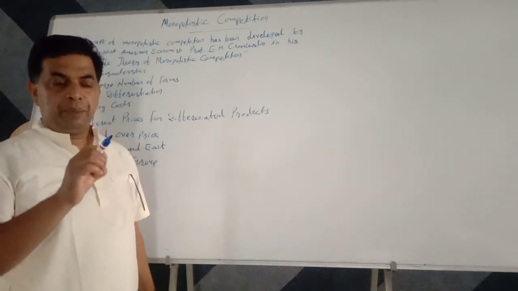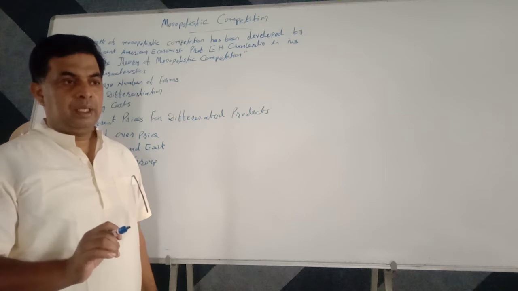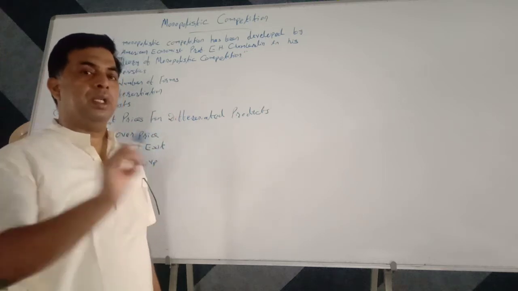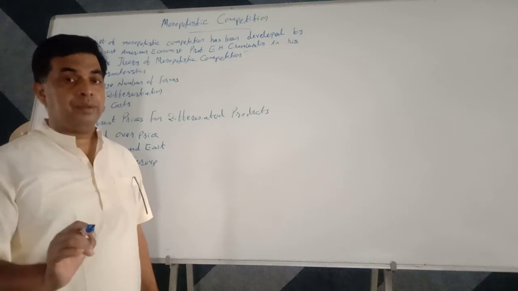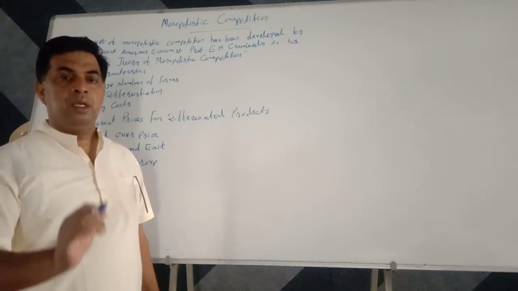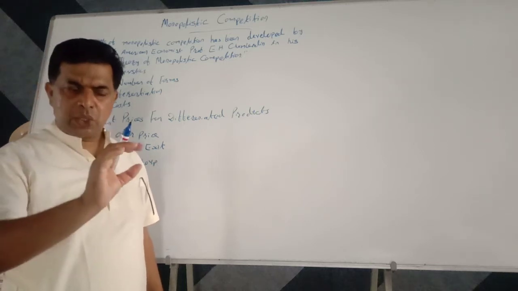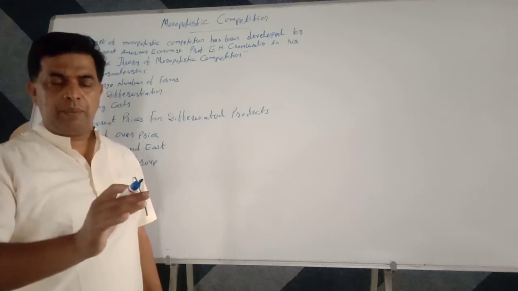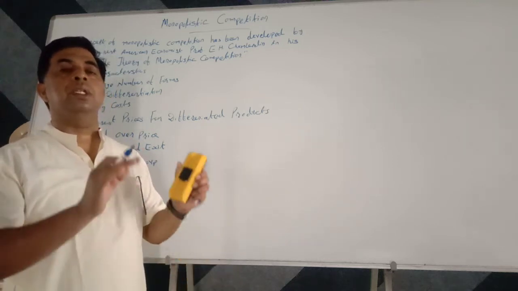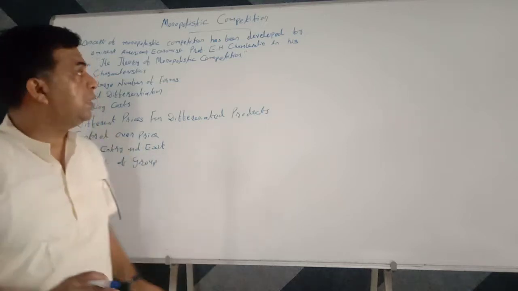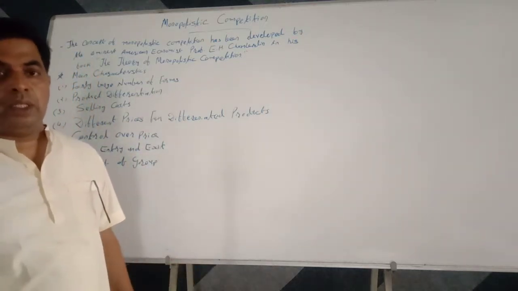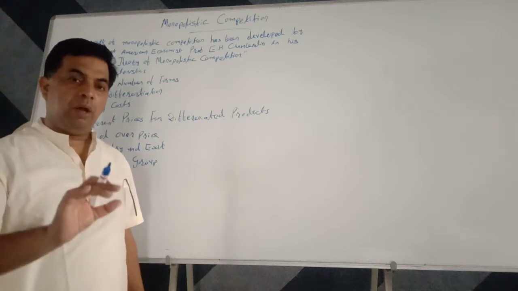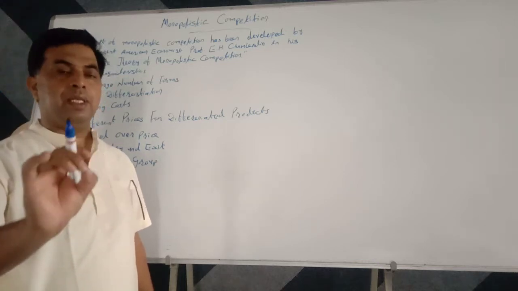That in practice, in reality, neither pure competition nor pure monopoly exists, but an admixture of monopoly and perfect competition exists, and that is known as monopolistic competition. Monopolistic competition means it is a mixture of perfect competition as well as monopoly.